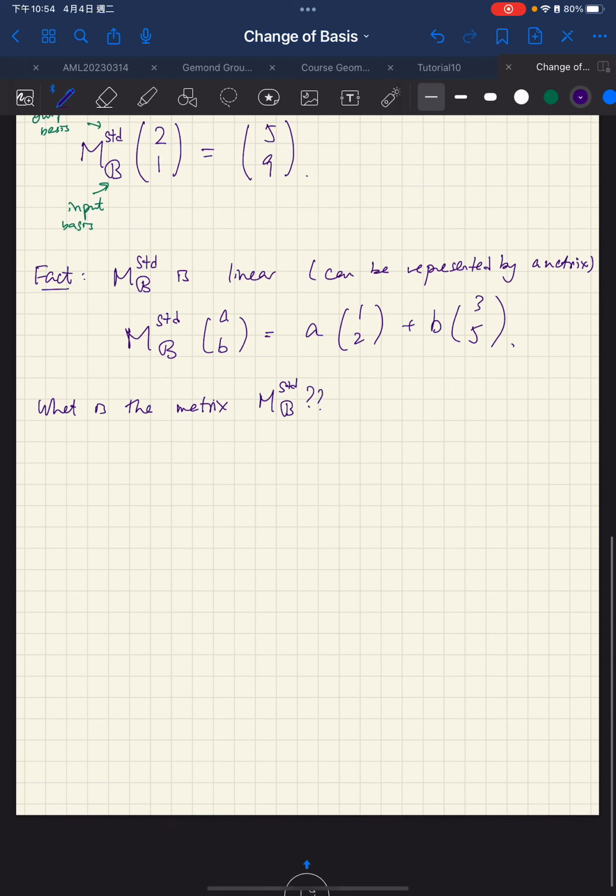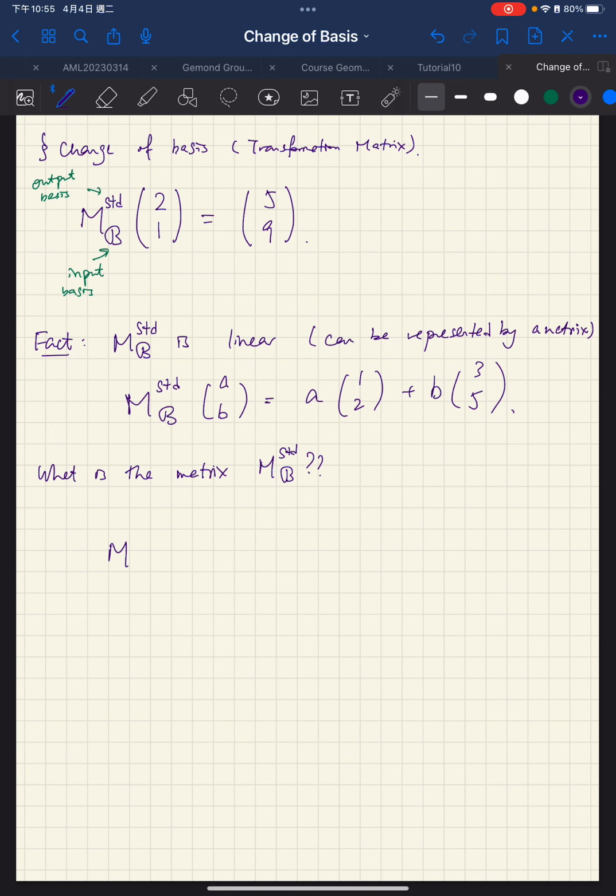What I mean is as follows. Let's analyze this thing. It has a 2-dimensional input and a 2-dimensional output, right? So it should look like something like this: 1, 2, 3, 4. It's a 2 times 2 matrix.